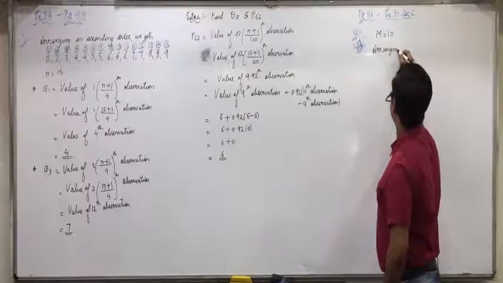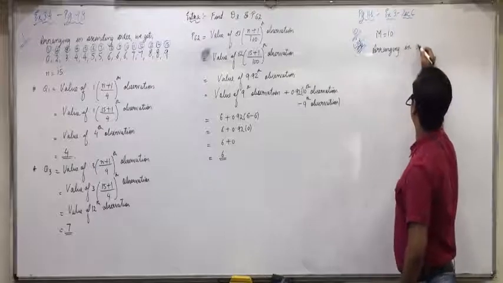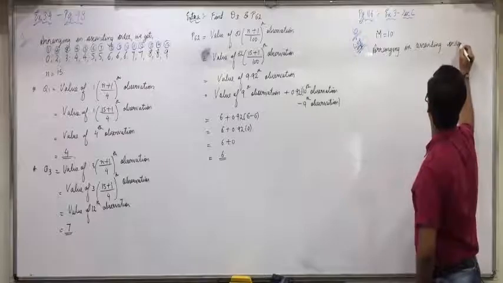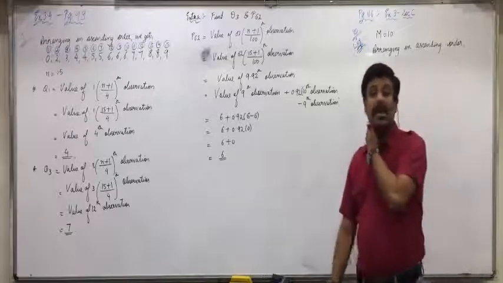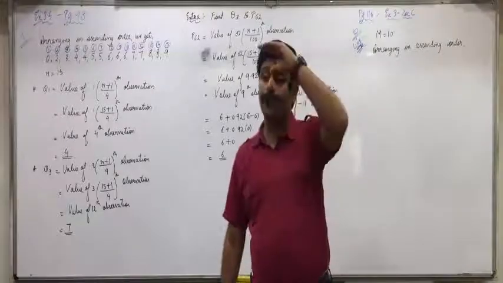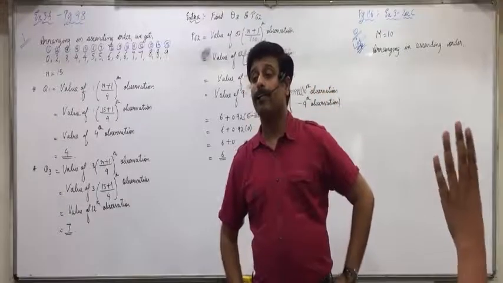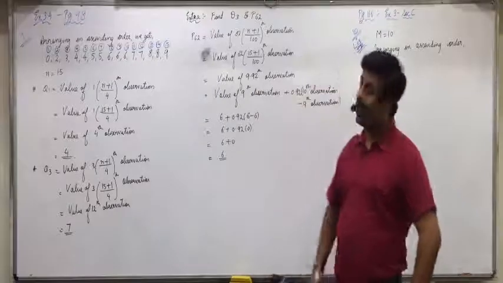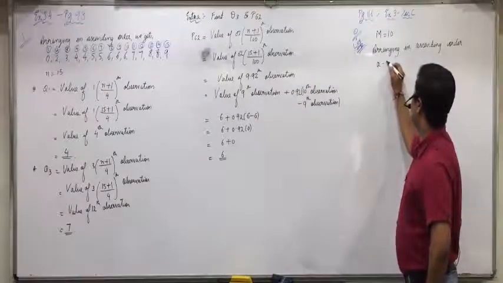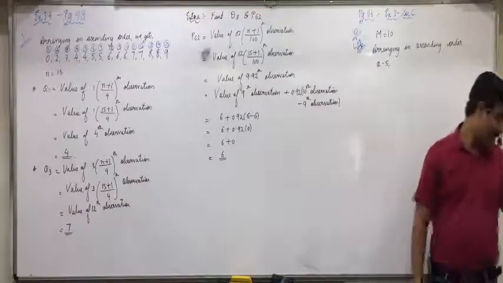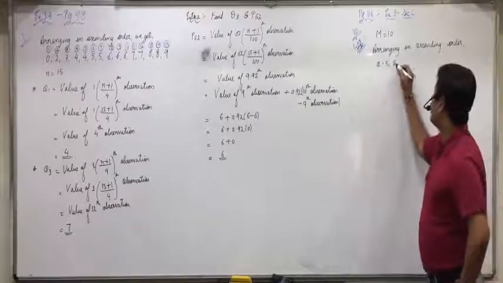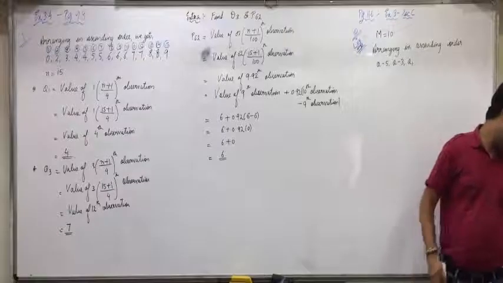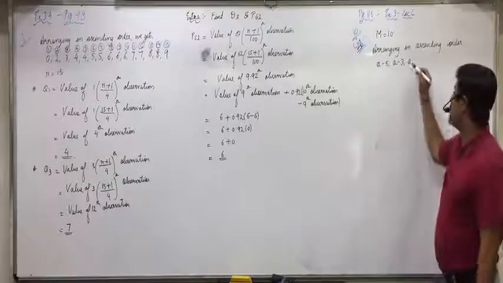What will be the ascending order? Silence, no discussions. Stuti? A minus 5, A minus 3, A plus 1, A plus 2. Correct. A minus 5 will be the lowest one, then A minus 3, then A, then A plus 1 and then A plus 2.